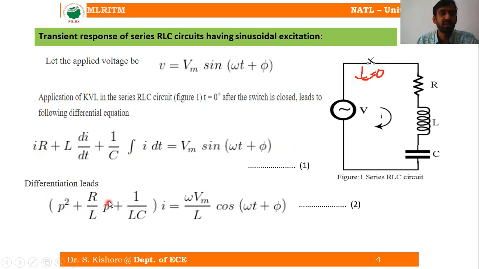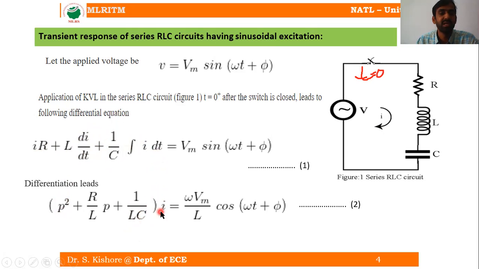As it is first order, I have represented it using P: R by L into P. Plus di by dt, which is d square I by dt square, the second order derivative, P square, multiplied by I. Plus 1 by LC, because the derivative of the integral of I dt becomes I, and taking L as common, the constant is 1 by LC.